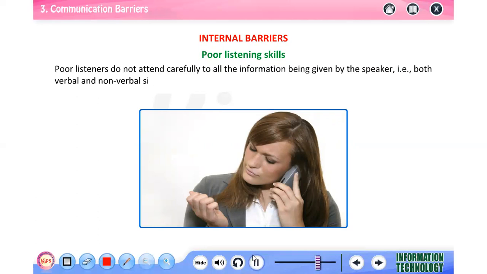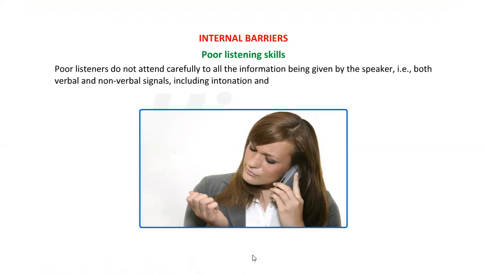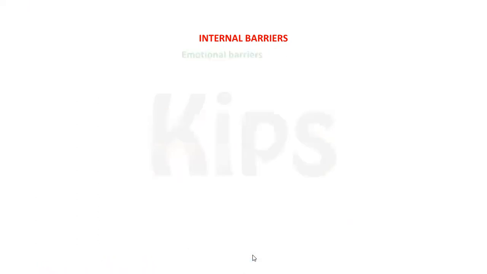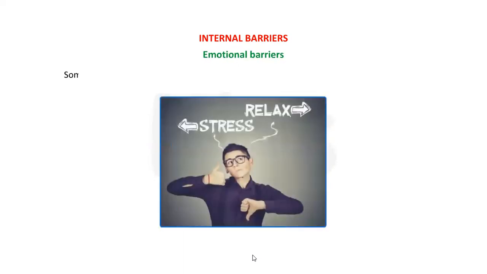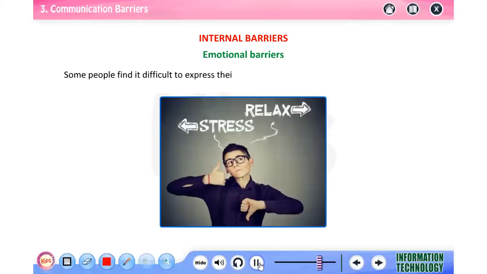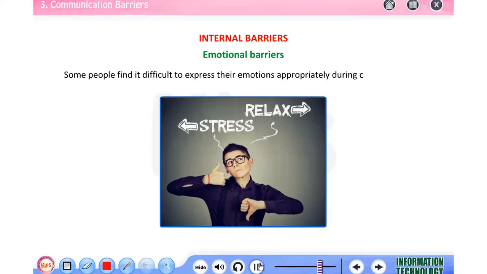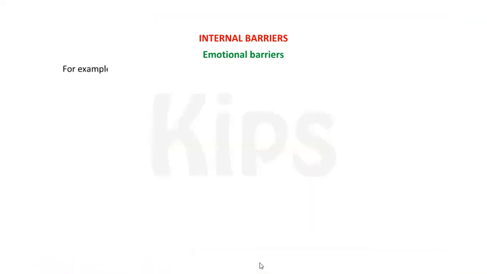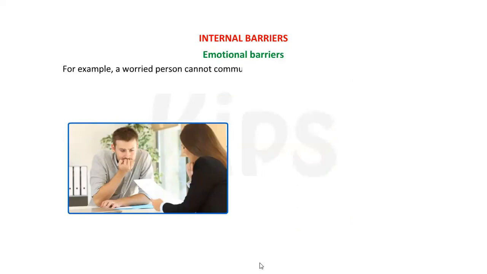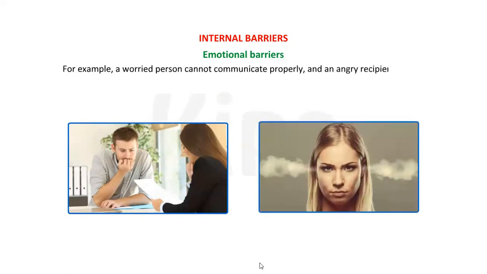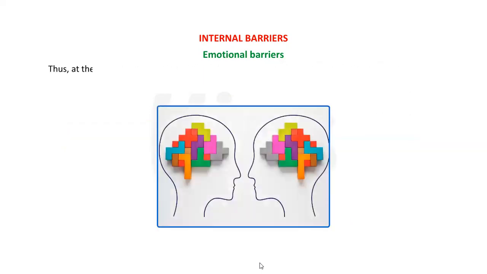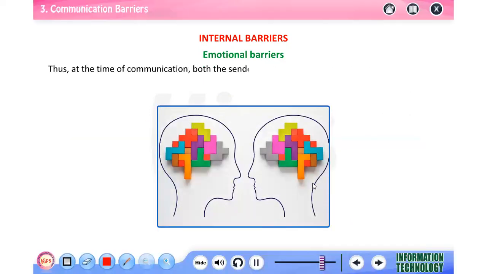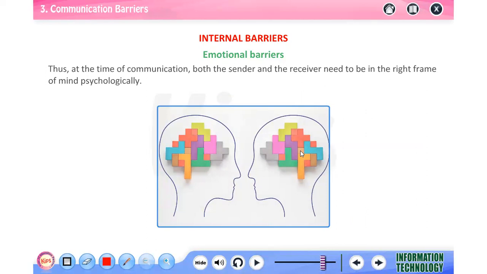Both verbal and non-verbal signals, including emotional barriers. Some people find it difficult to express their emotions appropriately during communication. For example, a blind person cannot communicate properly and an angry recipient cannot understand the message correctly. Thus, at the time of communication, both the sender and receiver need to be in the right frame of mind.